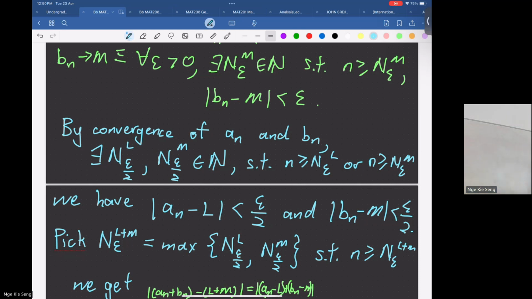Not related. It's just that when I consider AN plus BN, then I have to consider them together. But for this line, I'm just talking about the convergence of the two.